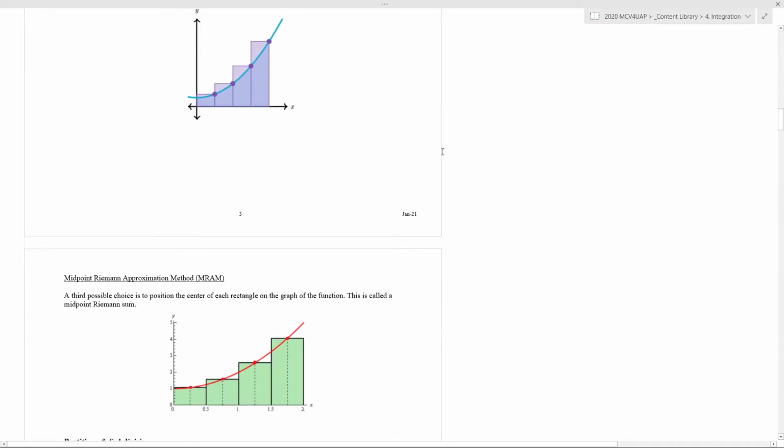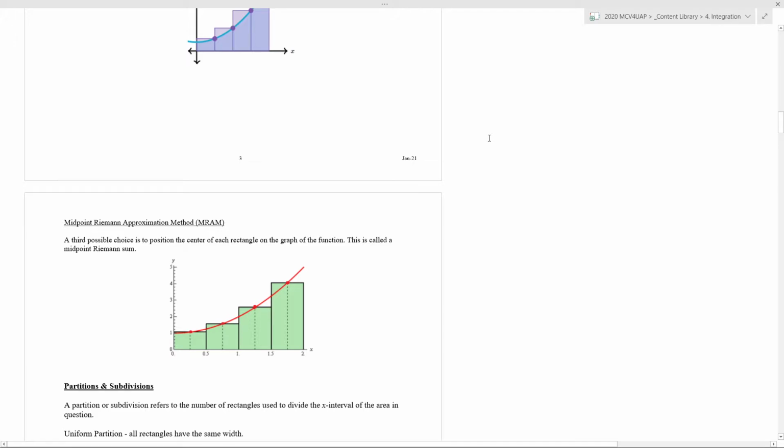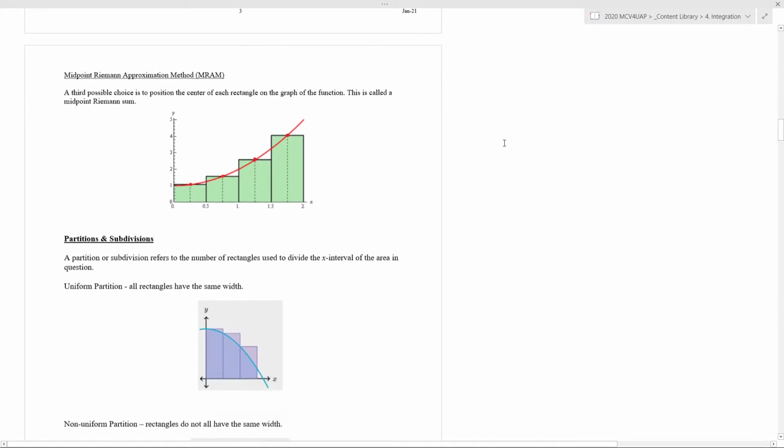The third method is not to use the top left corner or right top corner, but to choose the midpoint of each rectangle to lie on the curve, and that would be an MRAM approximation, or a midpoint Riemann approximation.